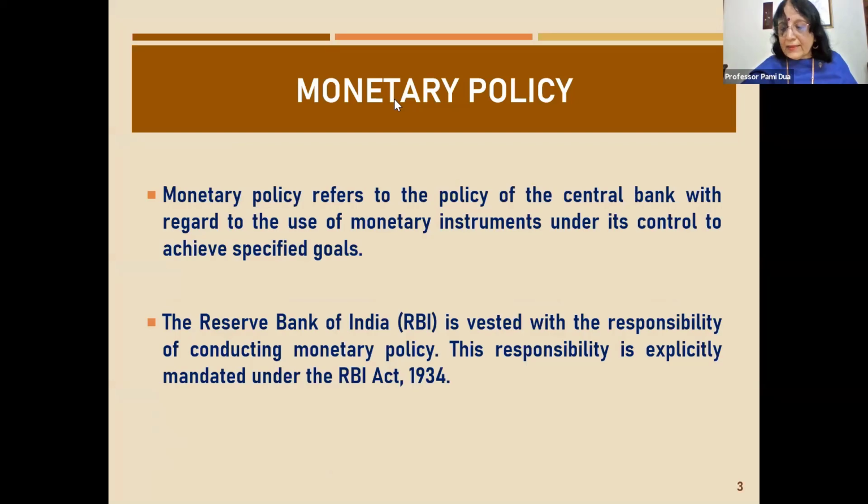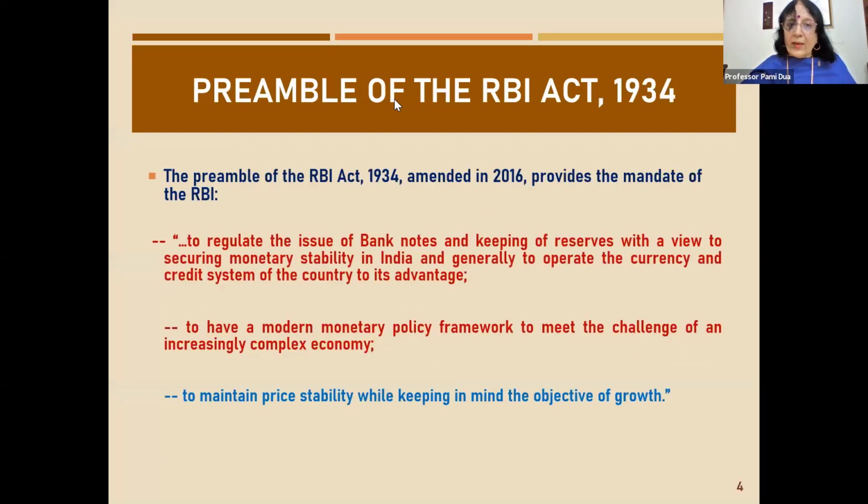its Act of 1934. Now, the preamble of the R.B.I Act 1934 was amended in 2016. The amended preamble reads as follows: to regulate the issue of banknotes and keeping of reserves with a view to securing monetary stability in India and generally to operate the currency and credit system of the country to its advantage, to have a modern monetary policy framework to meet the challenge of an increasingly complex economy, and to maintain price stability while keeping in mind the objective of growth.